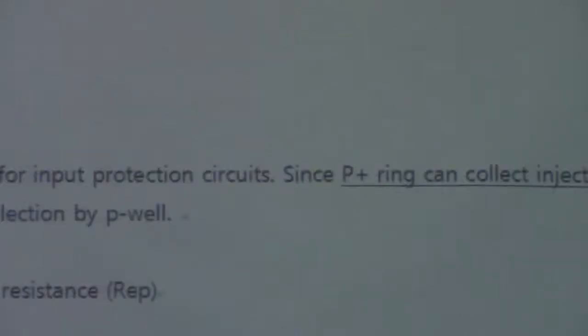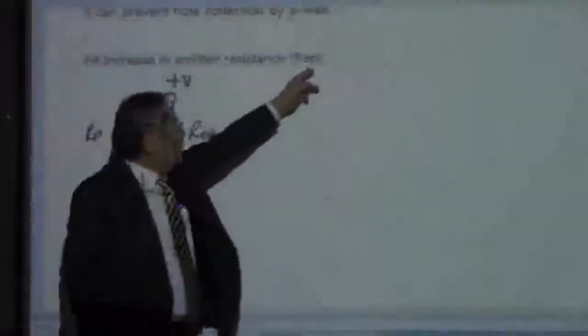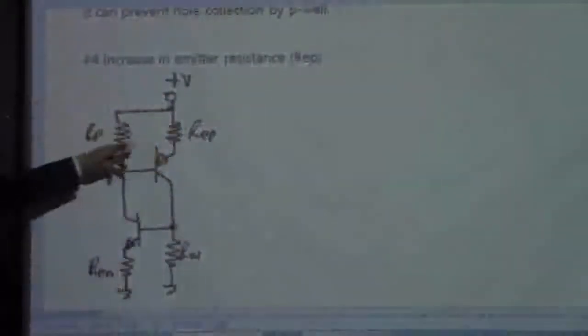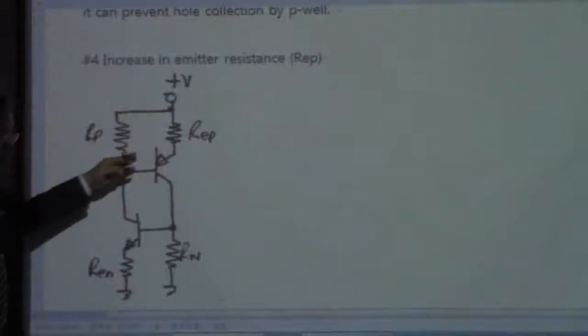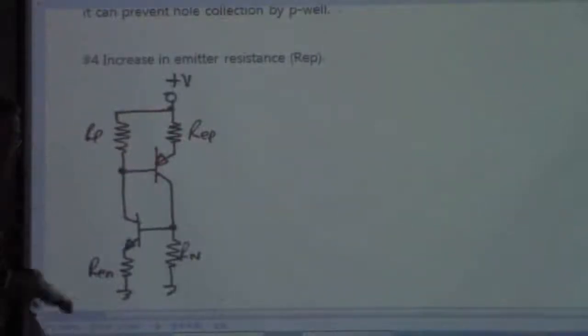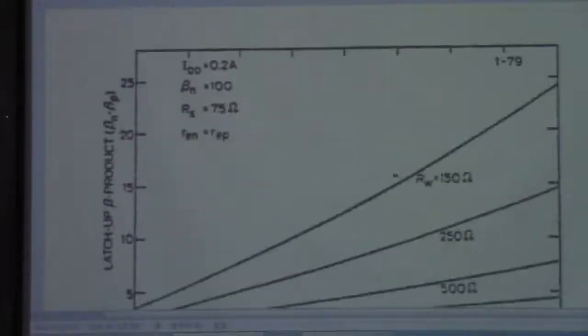So in this section it says we want to increase the REP, the emitter resistance. In other words, we want to reduce the source and drain resistance of the PMOS structures.